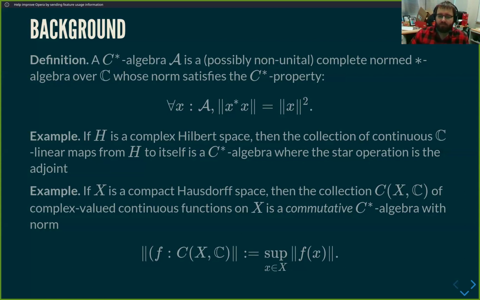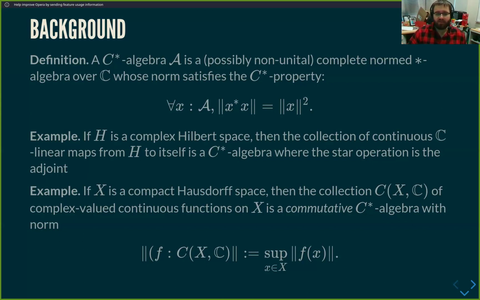And on the other side is the example of continuous functions on, we'll say complex valued functions on a compact Hausdorff space. And here the norm is given just by the sup norm. These are also a fundamental example because it turns out that every commutative C-star algebra is star isomorphic to such a space of continuous functions.